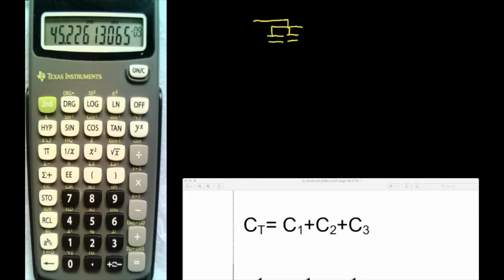And although this is schematic, this wouldn't be too far from what it might actually physically look like.